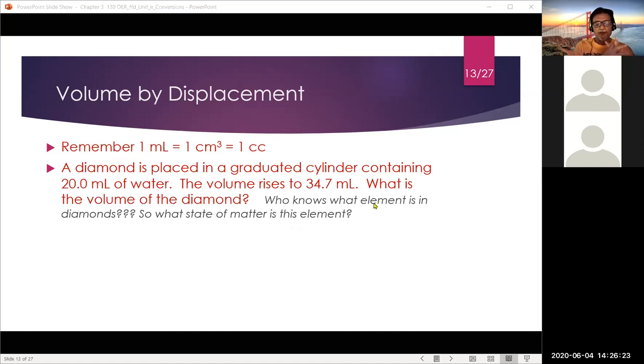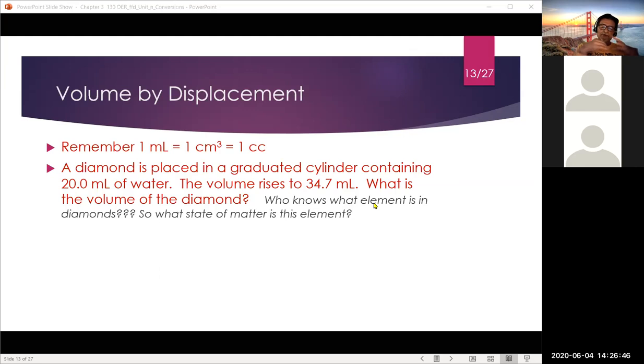All right, we're going to change gears a little bit and talk about volume by displacement. Okay, and this is pretty self-explanatory. You're in the bathtub. You haven't jumped in yet, but you're getting ready to jump in the hot tub, right? As you get in, you have an X amount of volume.